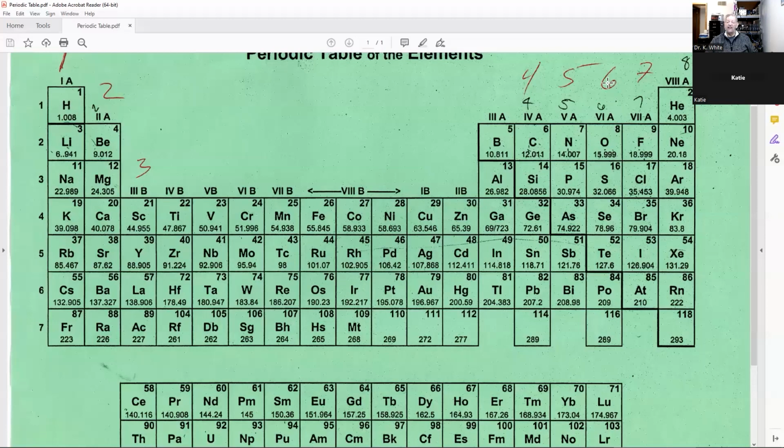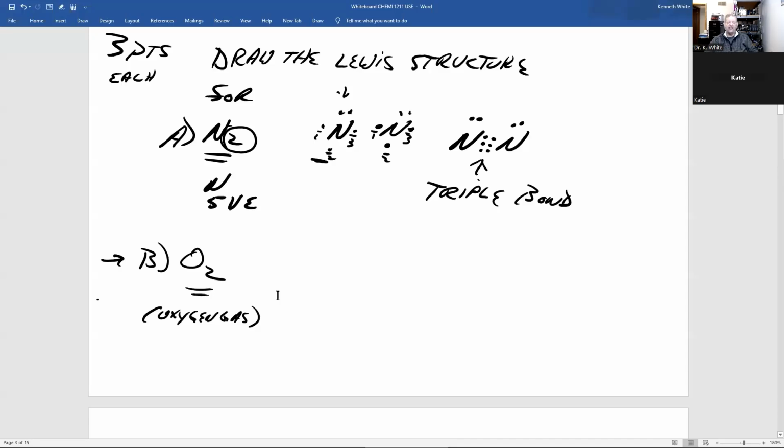Look at the top and you see the number 6. So an oxygen atom has 6 valence electrons, and in oxygen gas there are 2 of them. So I have one oxygen with 6 and a second one with 6 valence electrons.